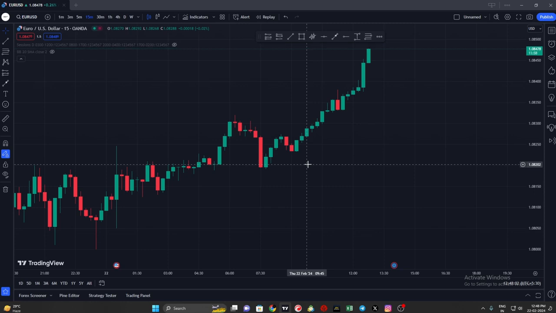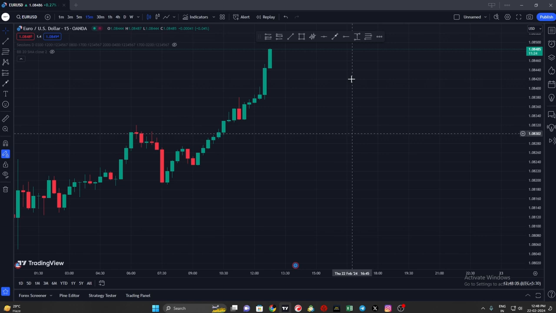Based on those conditions, I have gathered certain setups using my experience that work smooth as butter. Those setups are generally called rally base rally, rally base drop, drop base rally, many things like that.